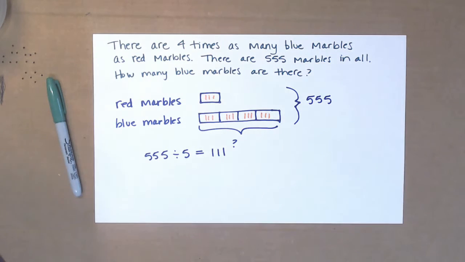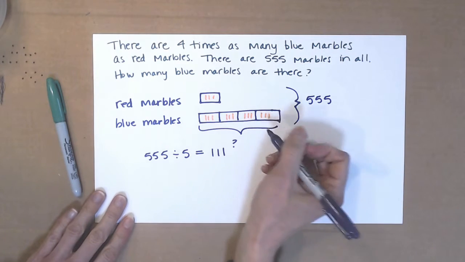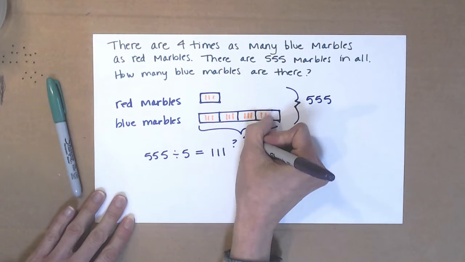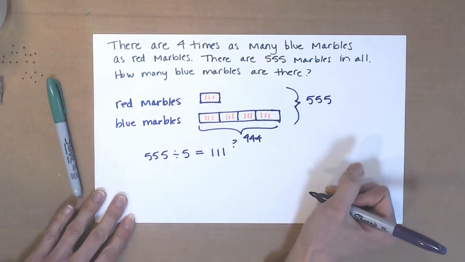They're all 111 marbles. So the question again is, how many blue marbles are there? So it looks like we have 111 times 4, which would be 444.